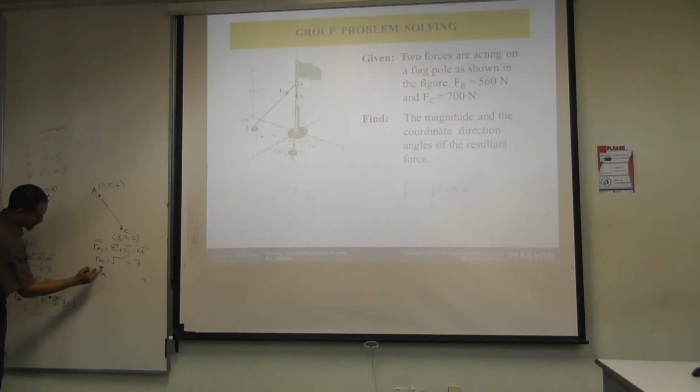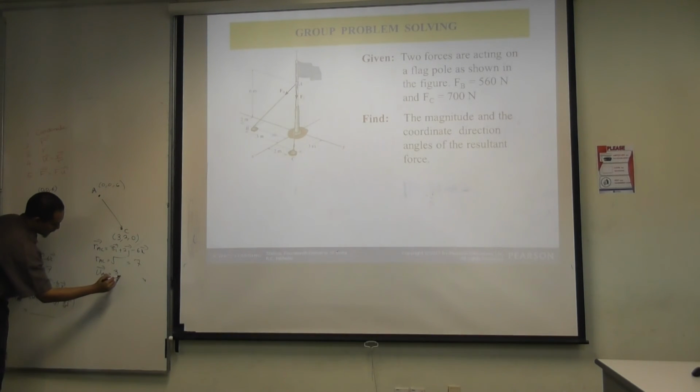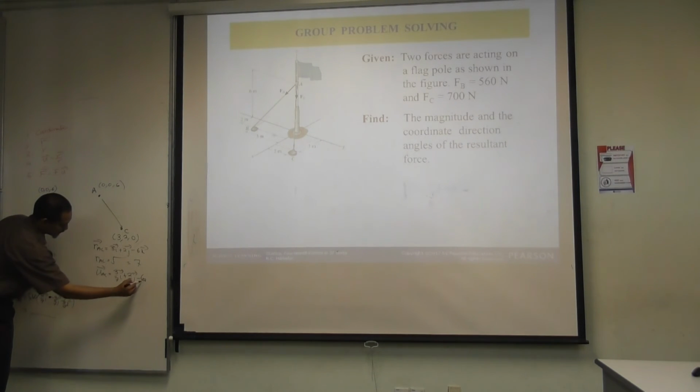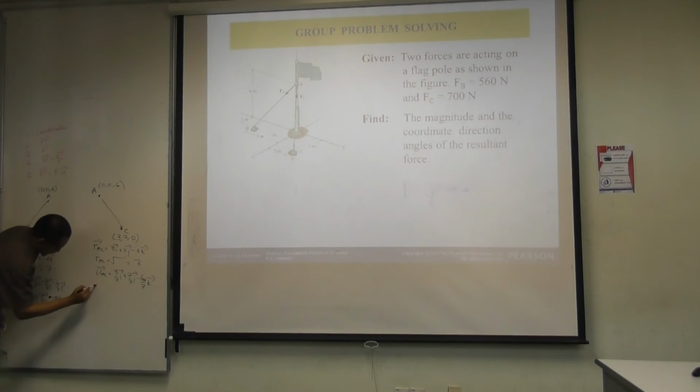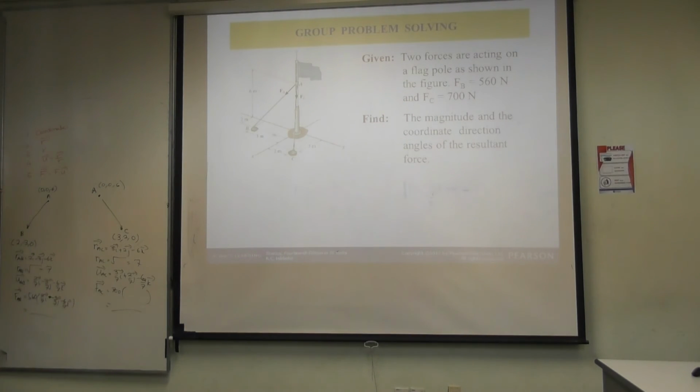The unit vector is 3 over 7 i plus 2 over 7 j minus 6 over 7 k. F AC is basically 700 times the whole thing, right? And then you get that. Of course, the rest is just F R, which is basically you add the components, right?